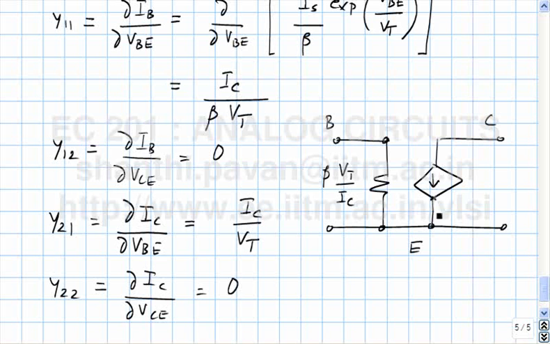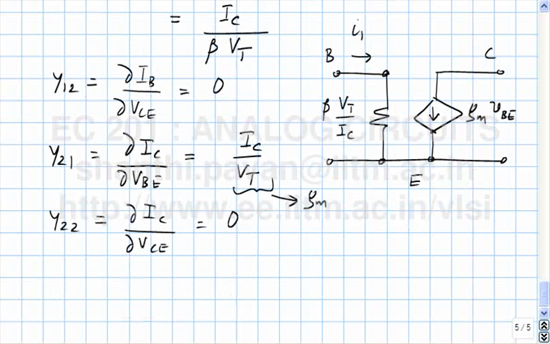What is the strength of this control source? Y21 times incremental VBE. And what is this? It's IC by VT times the incremental VBE. And this IC by VT is, as usual, denoted by GM. So this becomes GM VBE.